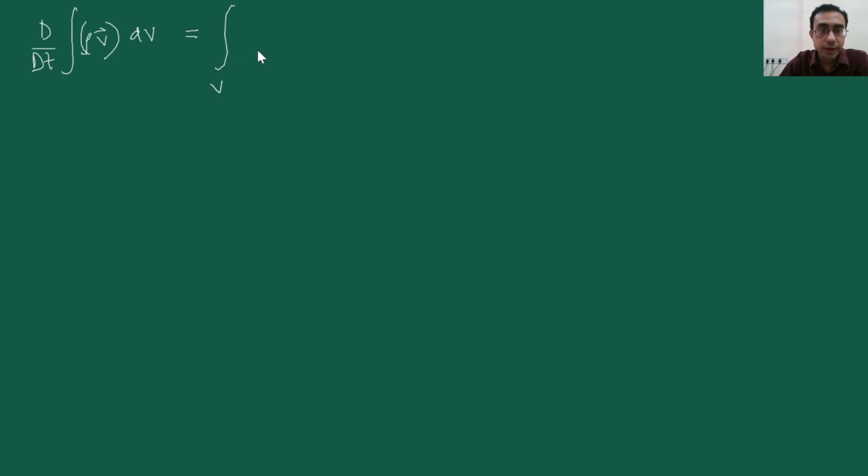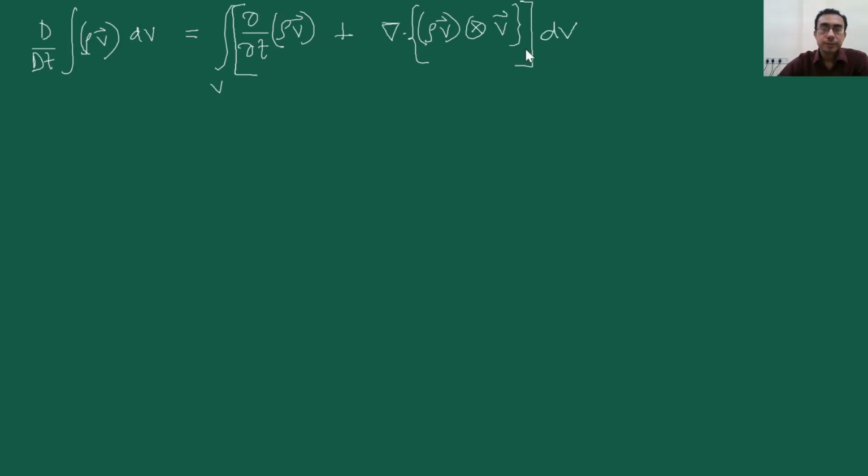So integration over volume, del t of rho v plus divergence of rho v tensor v again. Okay, now comes a very crucial step.